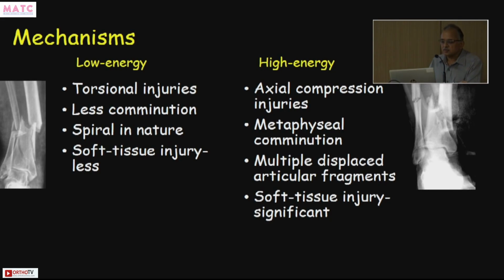So the mechanism of injury is either high energy or low energy. Low energy is the one in which you have torsional injuries. There is lesser comminution.